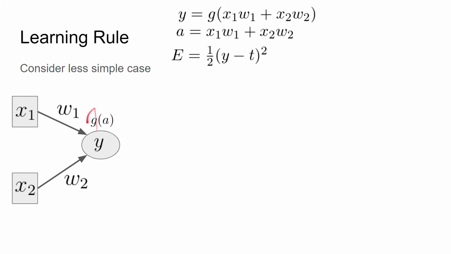But it's just some arbitrary function. I made the argument a few slides ago that we're going to have to put in some arbitrary function in the middle of these features. So we need to be able to figure out how our learning rule changes once we put in these functions. So let's go through exactly the same process, but with this slightly more complicated function for y.